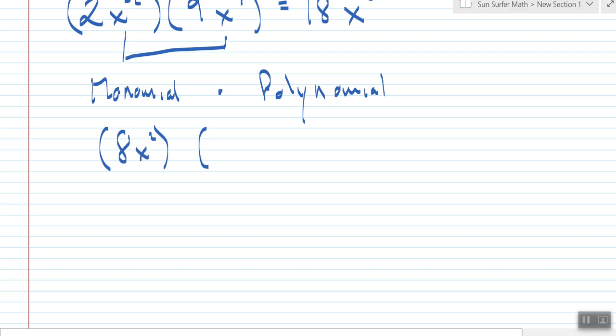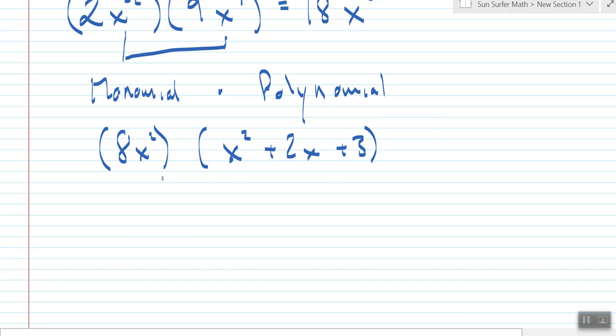And a polynomial might be something like x squared plus 2x plus 3. This is a trinomial because we have 3 terms. There's 3 different monomial terms, x squared, 2x, 3, and we're adding them together. So many monomial terms, but because there's 3 of them, we call it a trinomial.